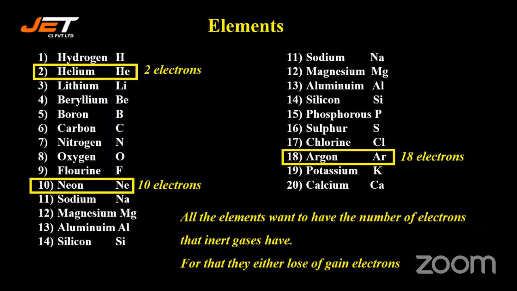All elements want to have the number of electrons that inert gases have. That is why they lose or gain electrons. We studied this in the periodic table: elements want to have 2, 10, or 18 electrons, following the nearest one.